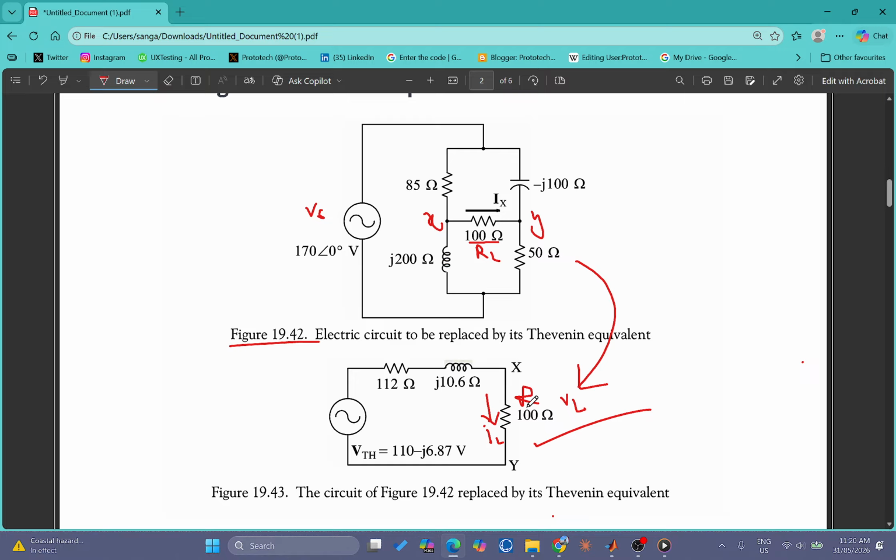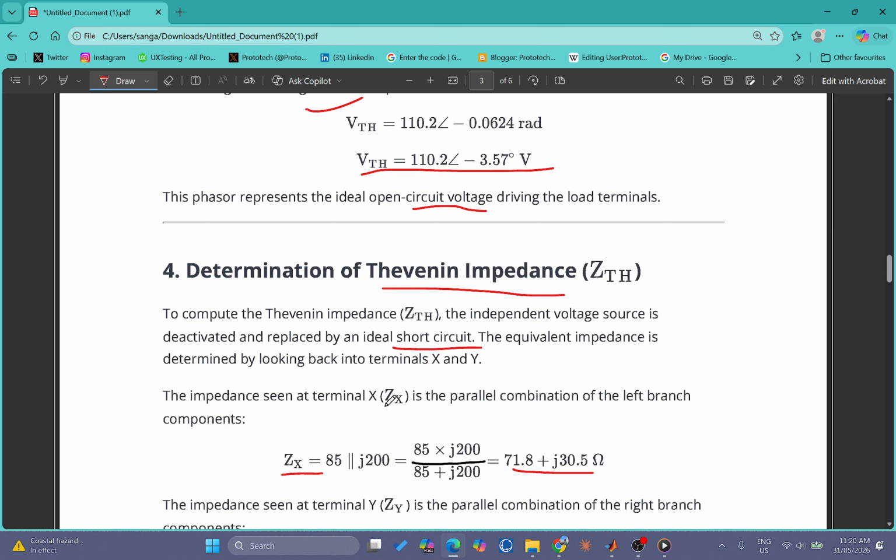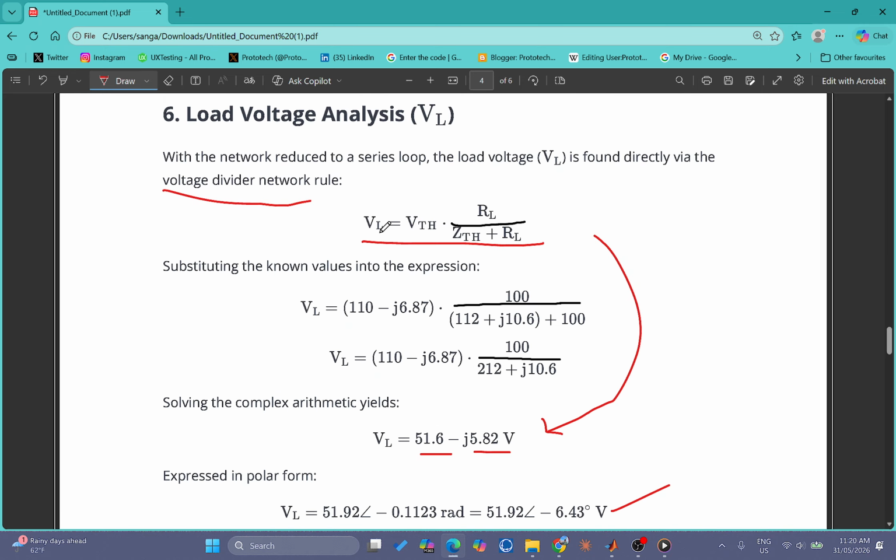So now we can simply calculate the load voltage across X and Y. And how do you find that? The load voltage is found using the voltage divider rule. VL equals VTH times RL divided by ZTH plus RL.